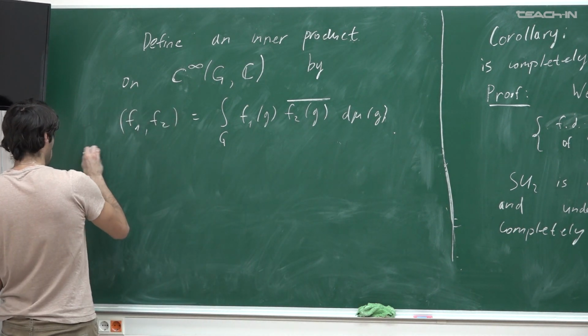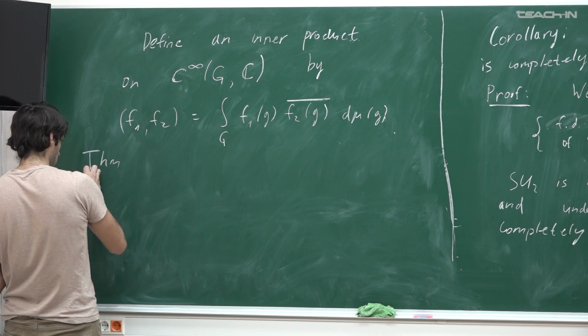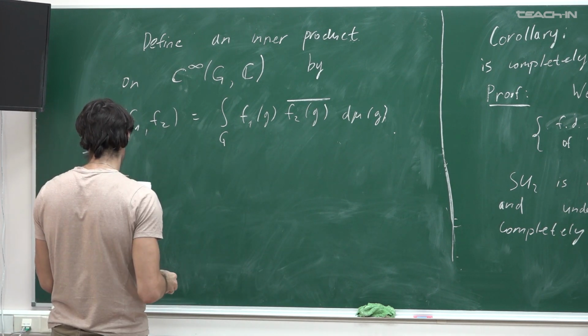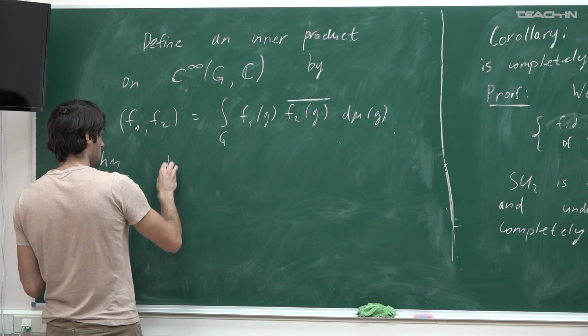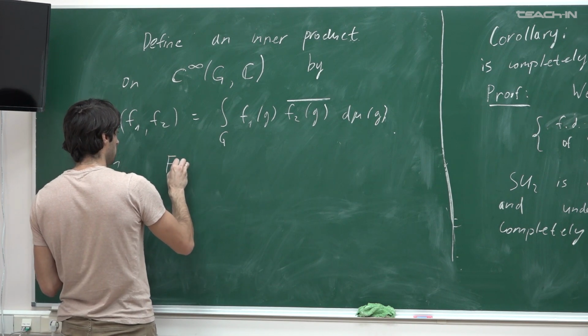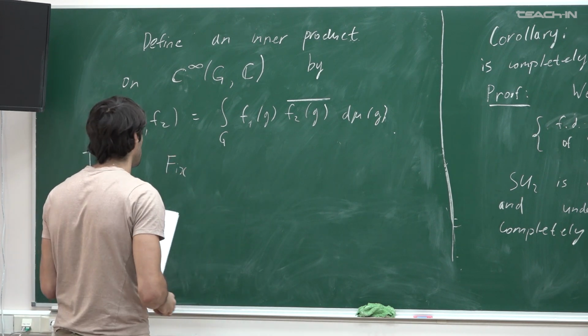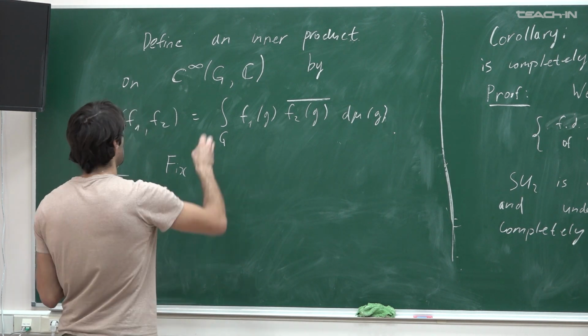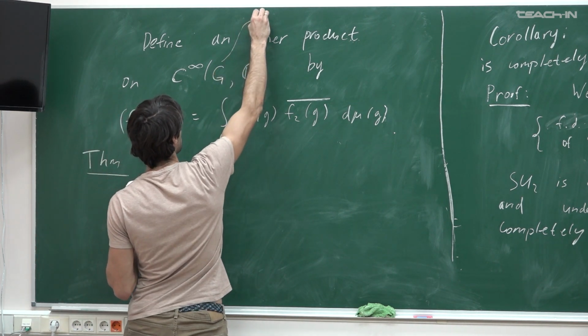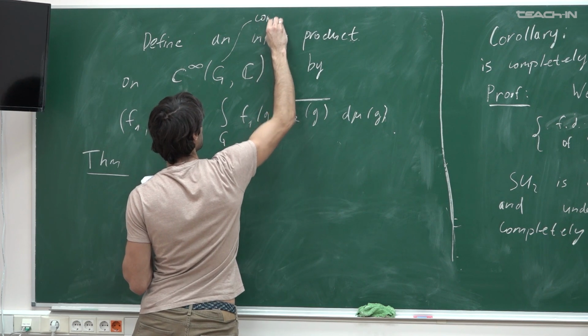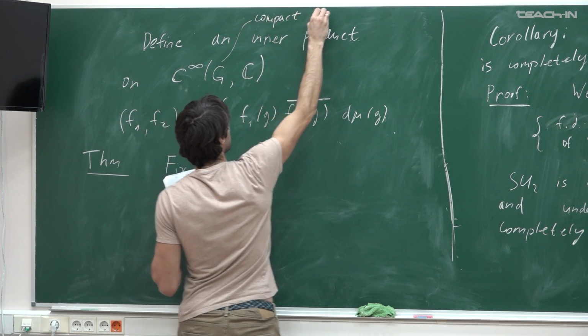All right, and now we can formulate the following theorem. So let me fix, again, this G for us is still a compact Lie group.